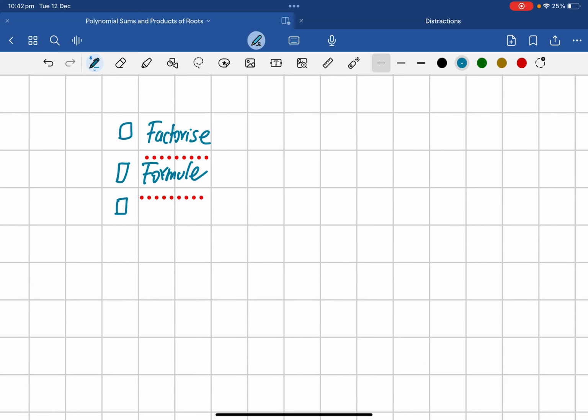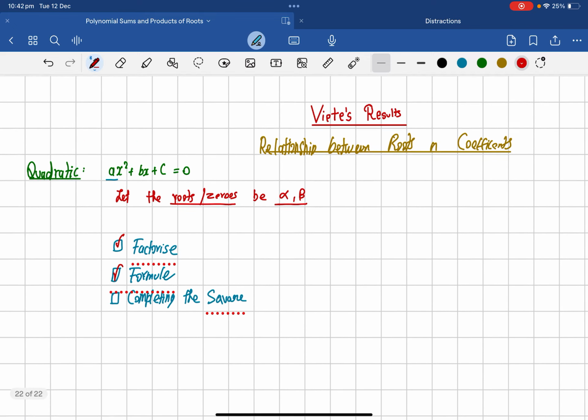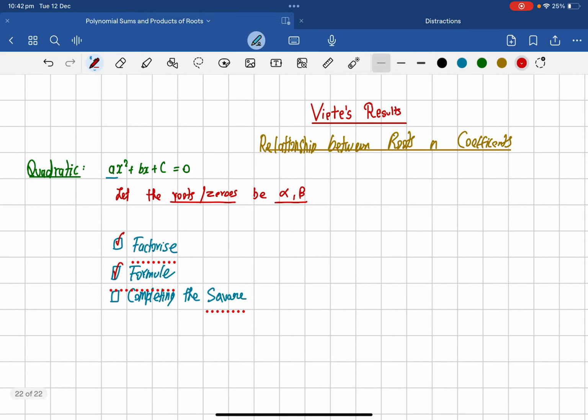And your third method is through completing the square. In this video, we're going to be looking at how factorization and the quadratic formula relate to finding the relationship between the roots and the coefficients, not completing the square, because it's not often used and therefore we're not going to use it.